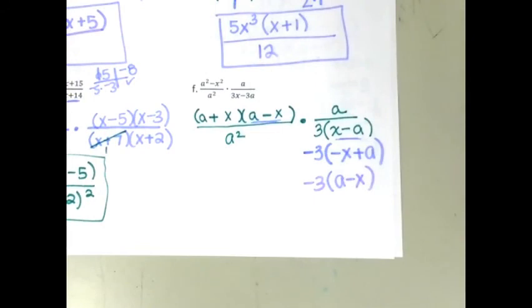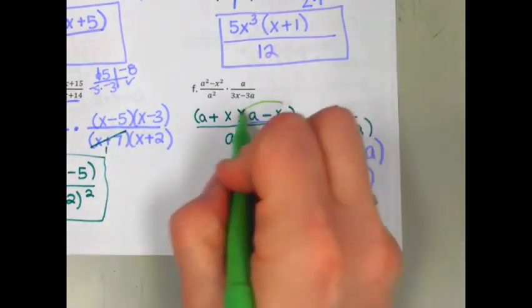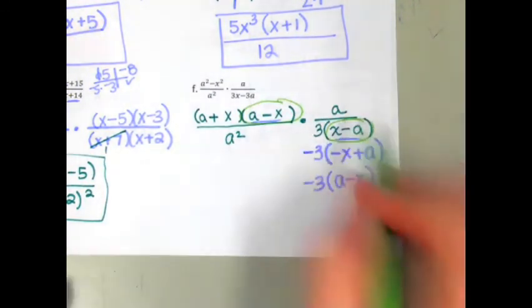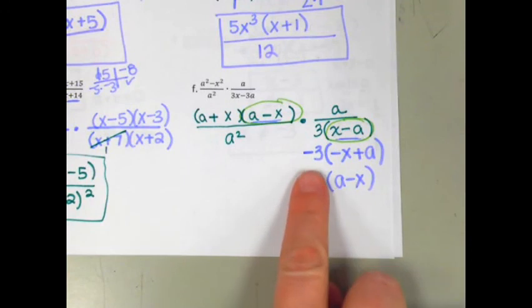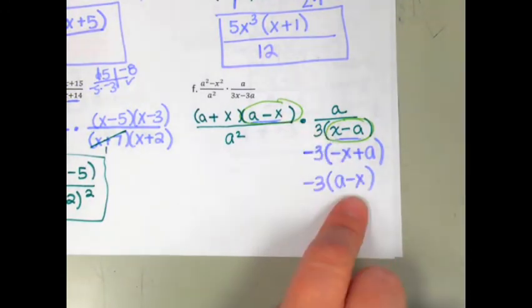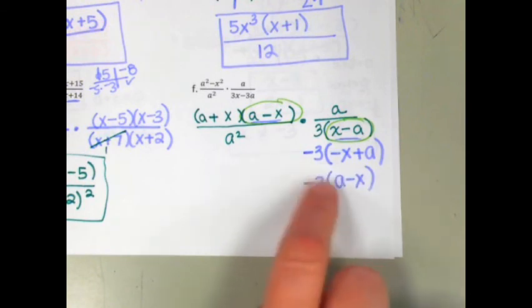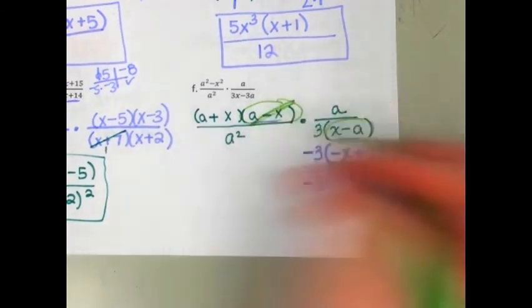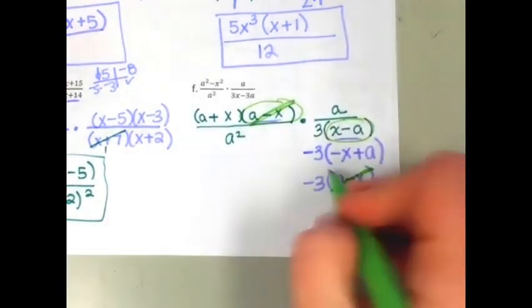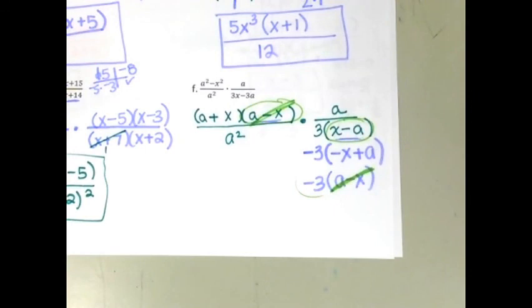Yes. Now, are they the same? Yes. So that's where you have to be careful with subtraction signs. If you notice that these are almost the exact same, just opposite of where the x and the a are, factor out a negative number. And if you factor out a negative number, doesn't it end up being the exact same? Yeah. So now can I cross out the a minus x's? Yes. So the only difference is I'm going to have a -3 on the bottom instead of a +3.